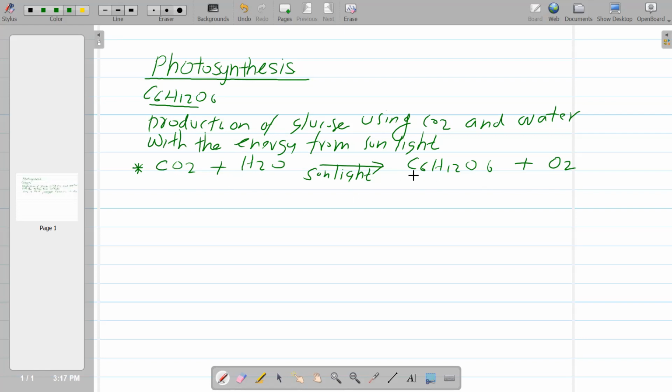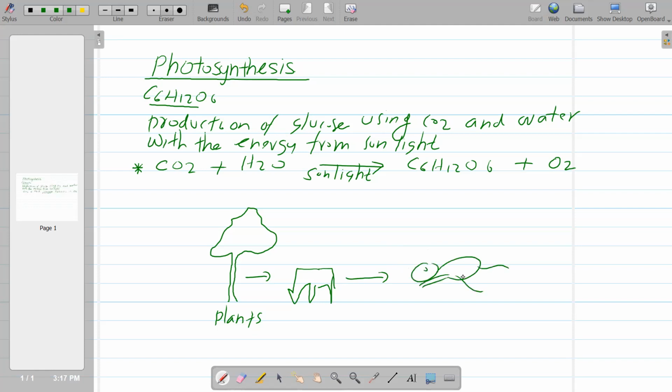Right, why is this important? The reason is this. Now let's take producers, plants. And after that, the food chain is made of primary consumer, and then secondary consumer, like this, right?